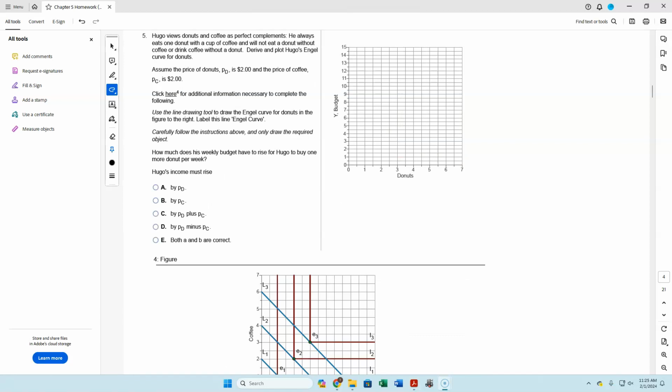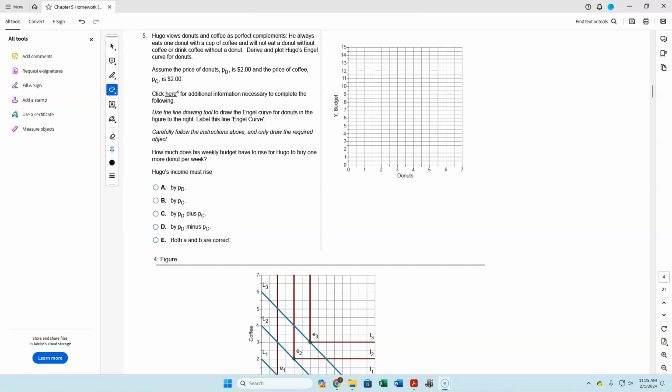Okay, now we've got Hugo seeing donuts and coffee as complements. He has to eat a donut with a cup of coffee. He won't eat a donut without a cup of coffee, or drink coffee without a donut. Let's see. Okay, Hugo, let's look at your curves.